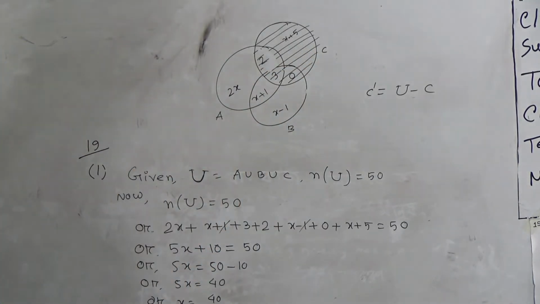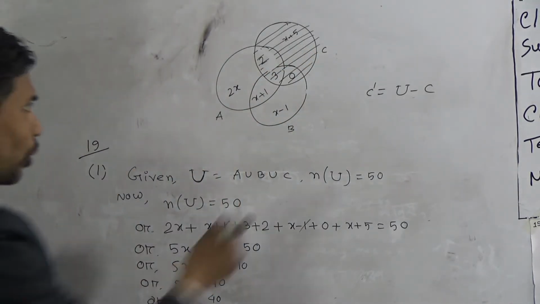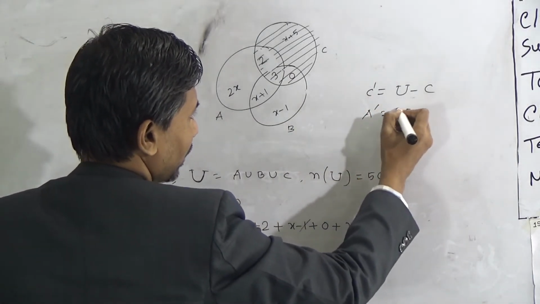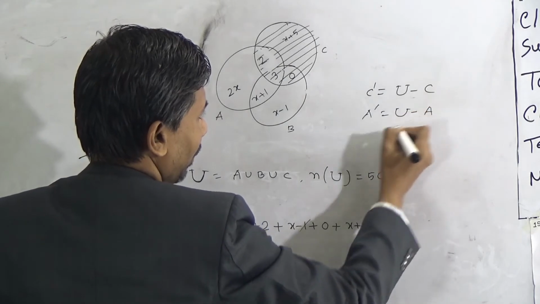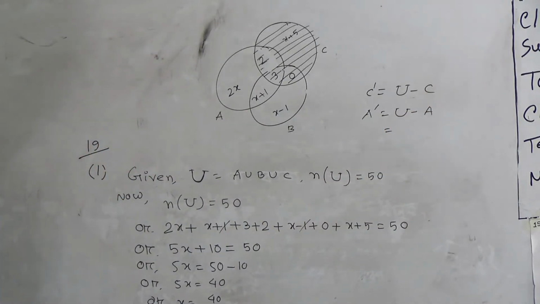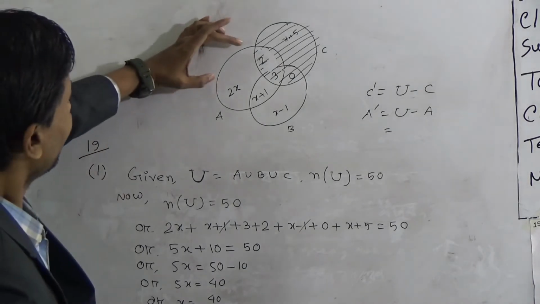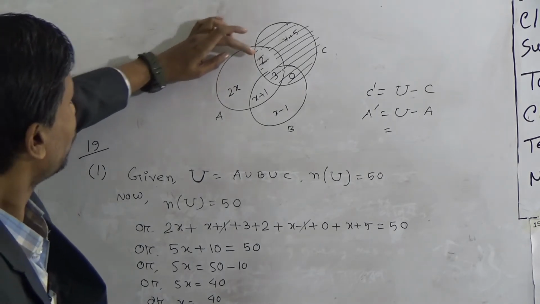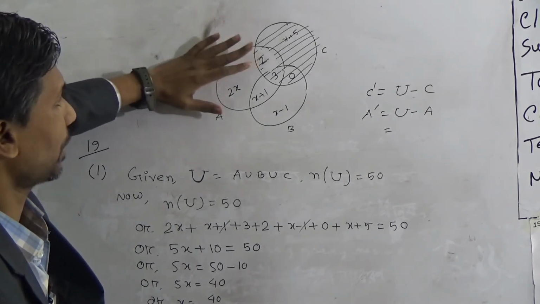You see A complement means universal set minus A elements. Now you see the elements of A is what? 2x, 2, 3, x plus 1.